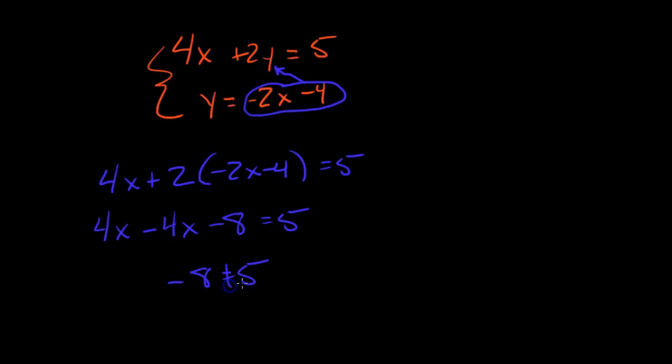Since this isn't true, negative 8 doesn't equal 5, this should tell us something about this system. It says, basically, that there are no solutions, because we got something that isn't true. So that also tells us something about these two lines. And what we should know about these two lines, if we have no solutions, and we saw this when we did graphing, is that these two lines are parallel.